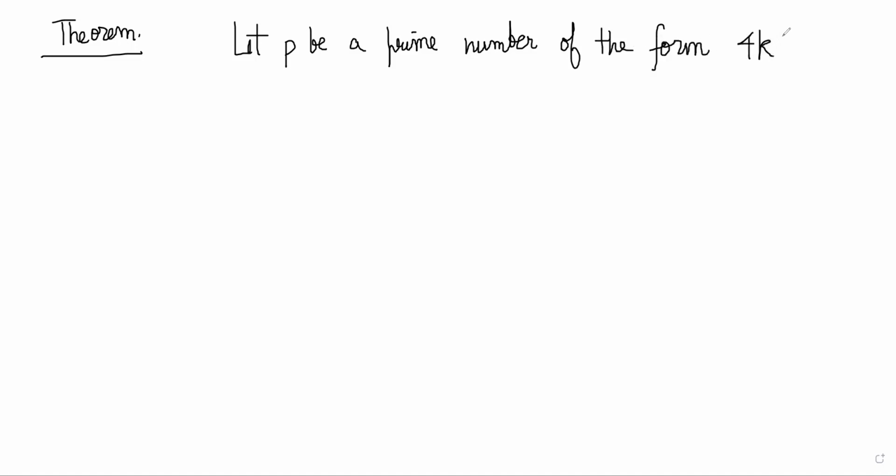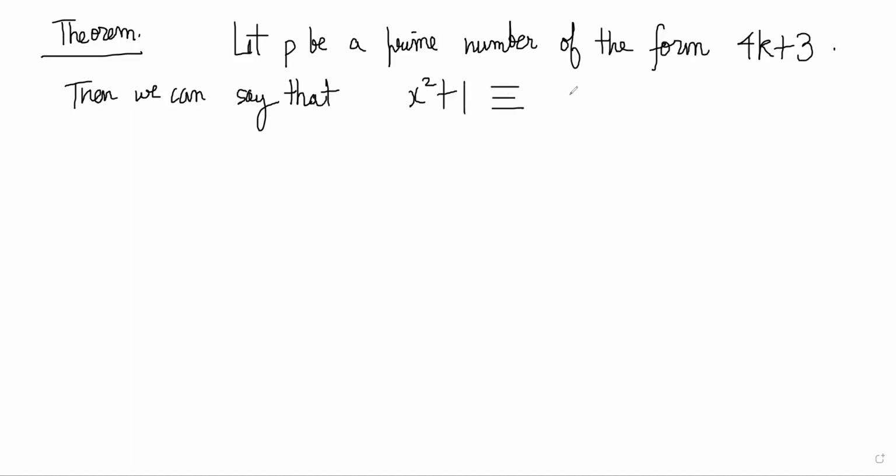This theorem is stated like this: let p be a prime number of the form 4k + 3, then x² + 1 ≡ 0 mod p has no integer solutions.